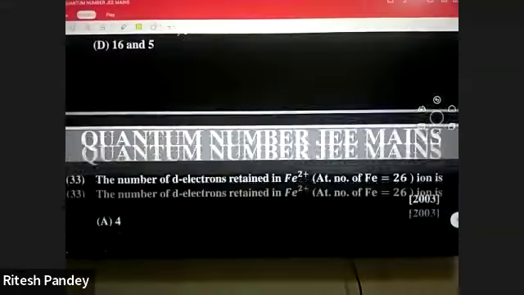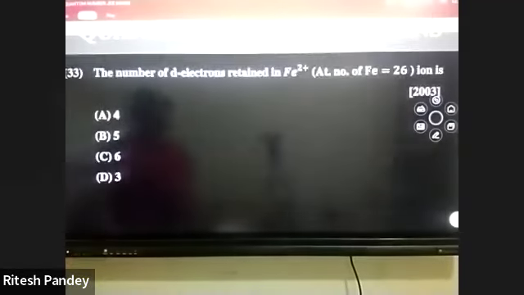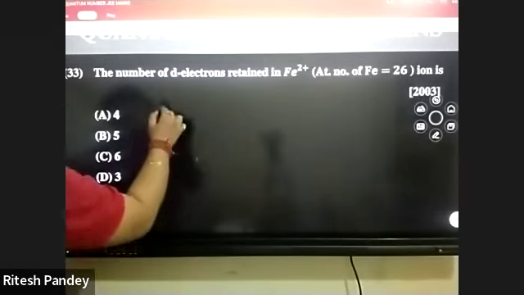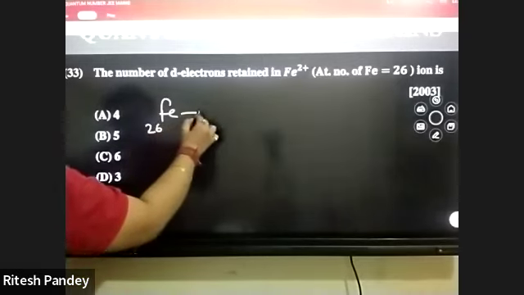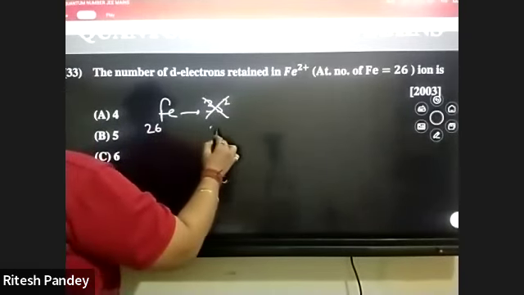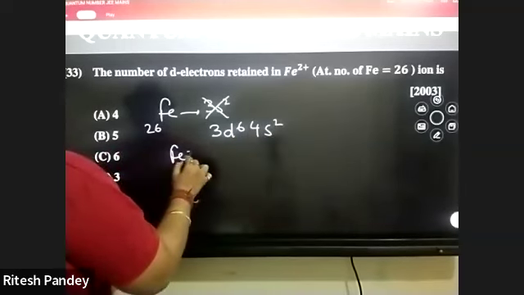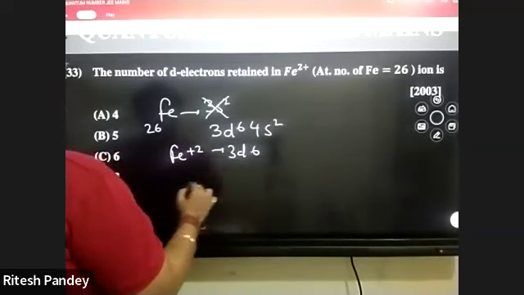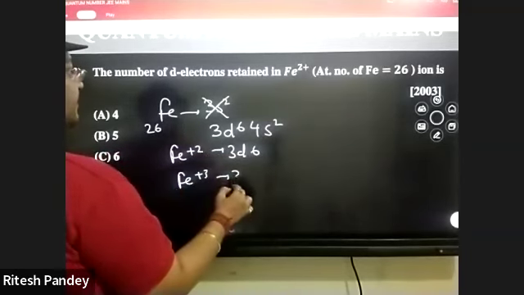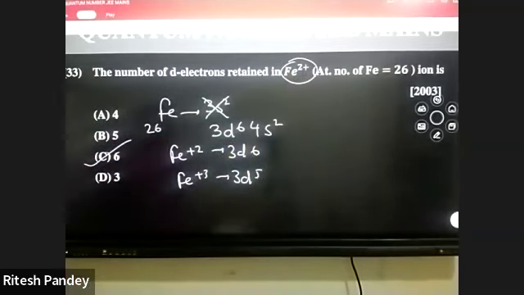Question 33. Option B. 6. प्लस 2 होने से 3d6 प्लस 3 होने से 3d5. यहाँ पर प्लस 2 है तो naturally 6 is the right answer, not B Bombay but C Calcutta. फेरस में 3d6 होगा, फेरिक में 3d5 होगा.